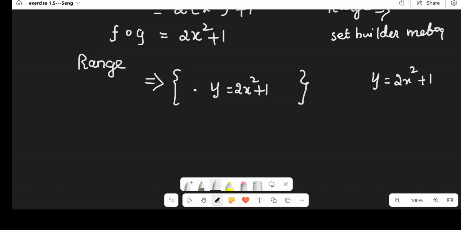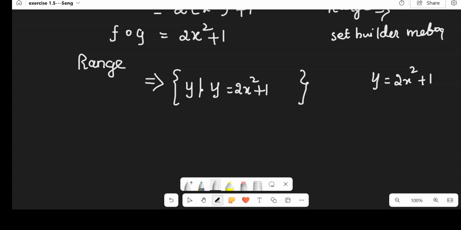Now, for the set builder method, I mean for representing the functions in terms of range, we should include some notations like such that, belongs to, kind of things. So here I am including y such that.